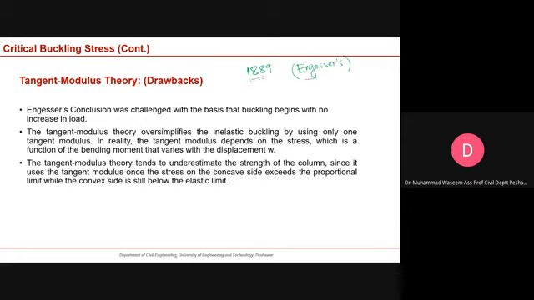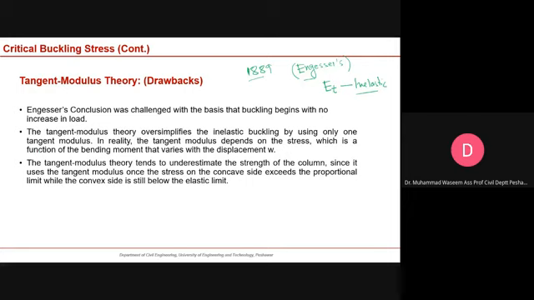So he proposed that you should use the tangent modulus in the inelastic range. This theory we call tangent modulus theory, and it had some drawbacks.